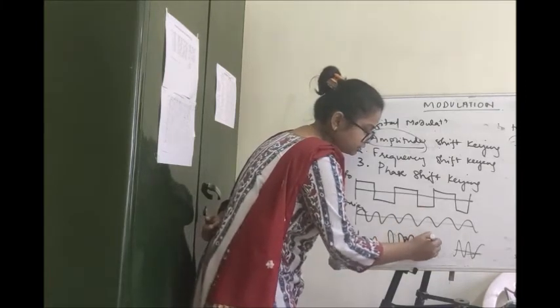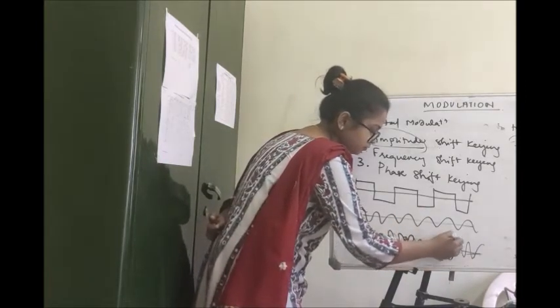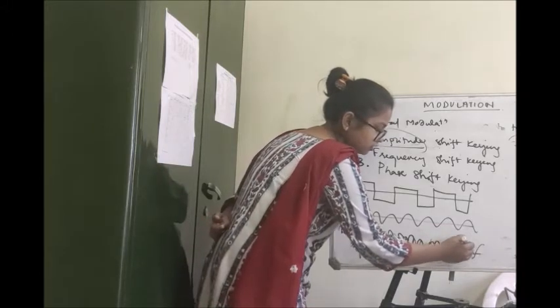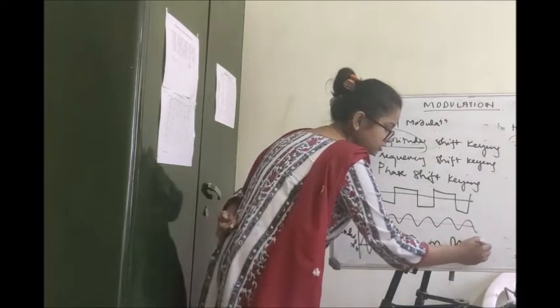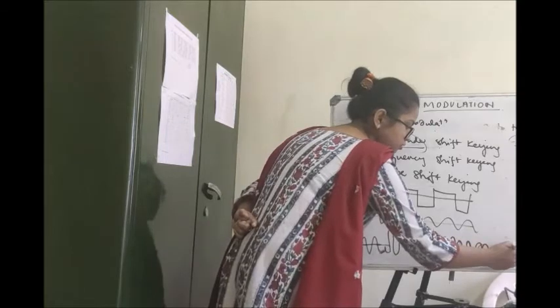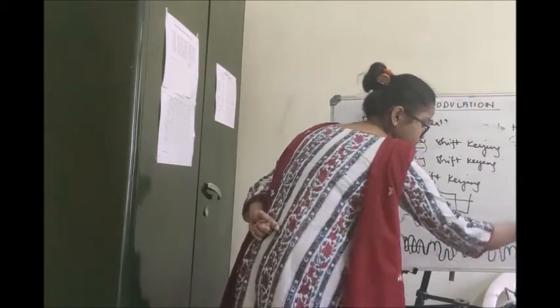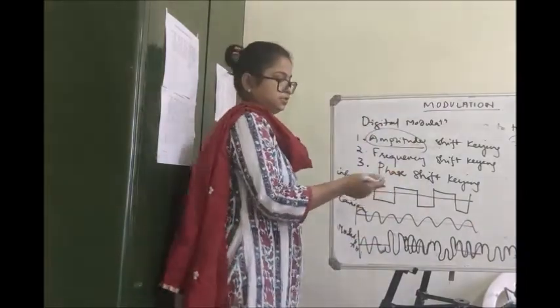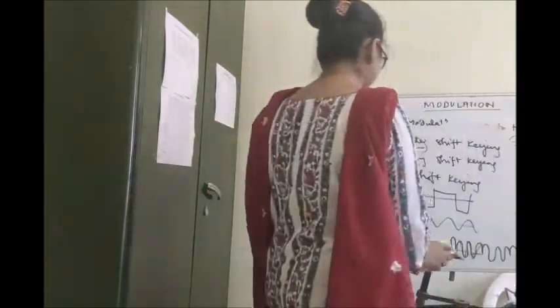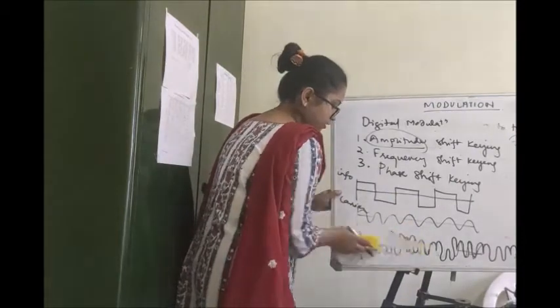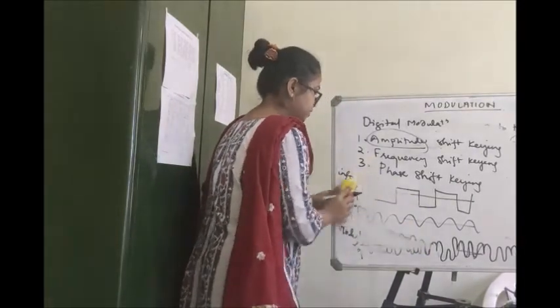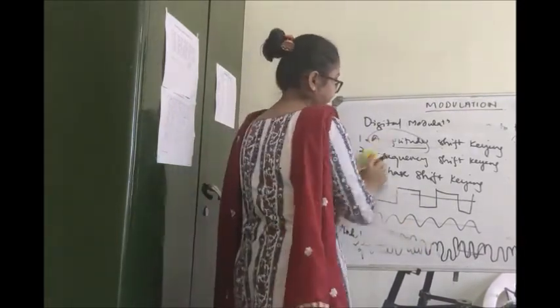So it continues. Then there is a change, so it will change. Then there is a change, it will change. So this way it happens. So I will show you phase shift keying in a proper manner again, because it has become quite clumsy.